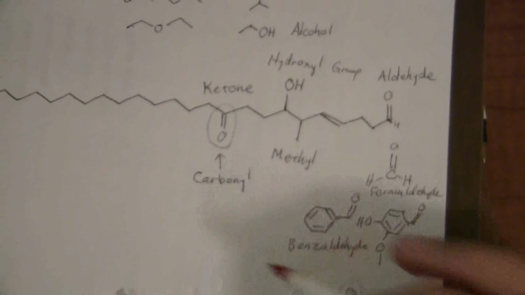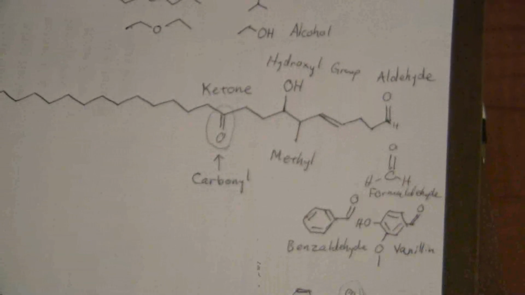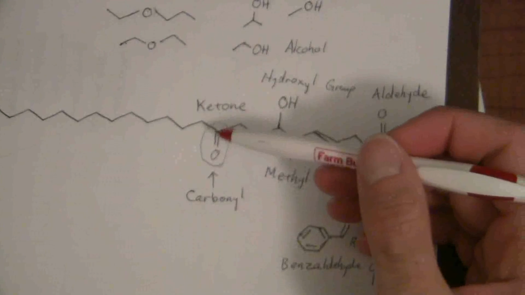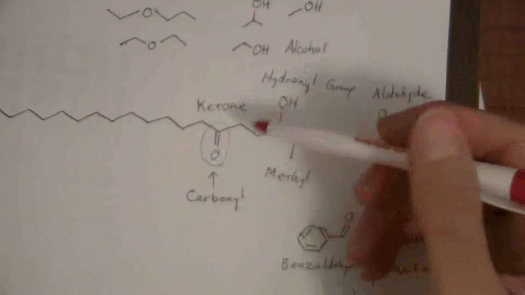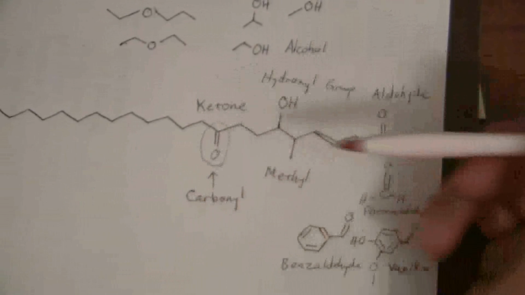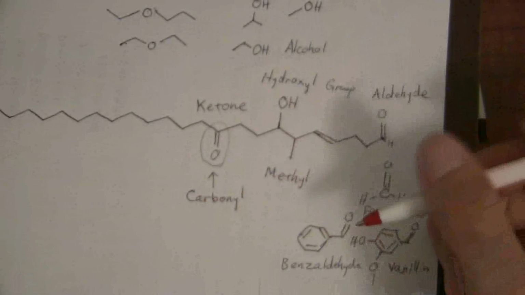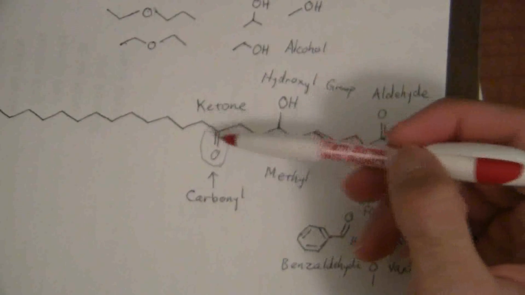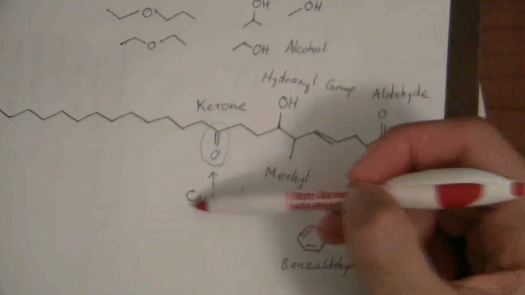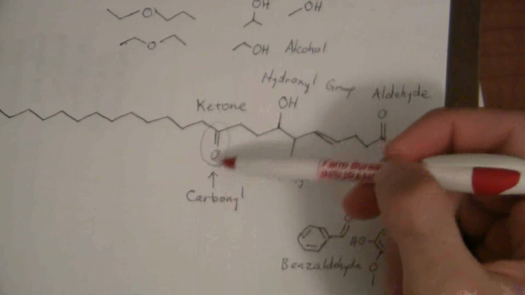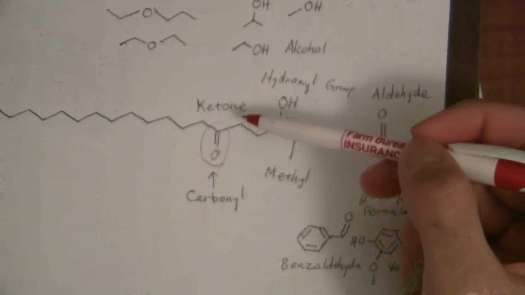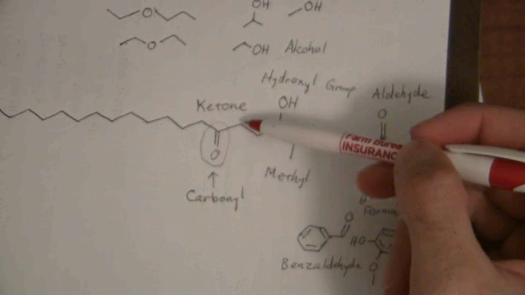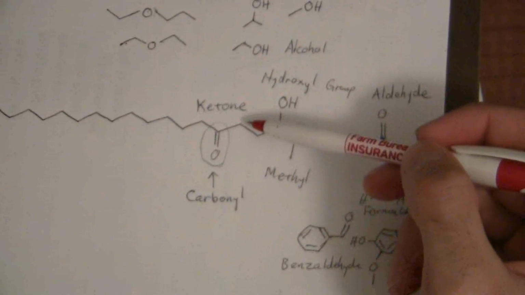So there's a lot of names that you need to be familiar with. Whatever it takes, a lot of repetition is typically the best, I think. But just look at these and remember, a carbonyl carbon has that double bond to oxygen, and it makes a ketone when it is between two other carbon atoms.